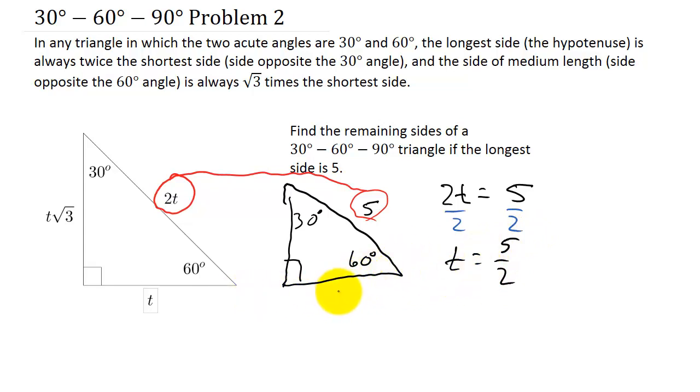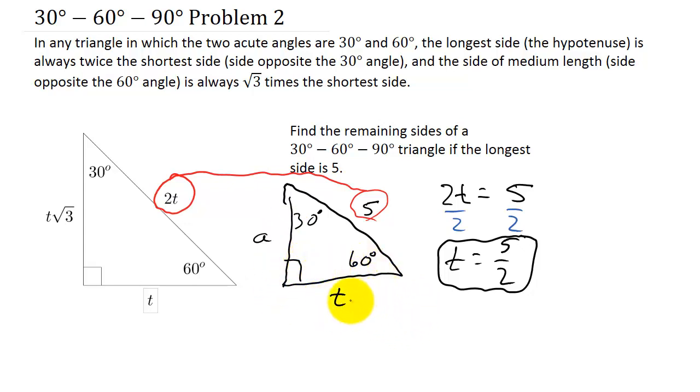This is t. Now we need to find the length of the side opposite the 60 degree angle. Let's just call it A, like we did in the previous example.